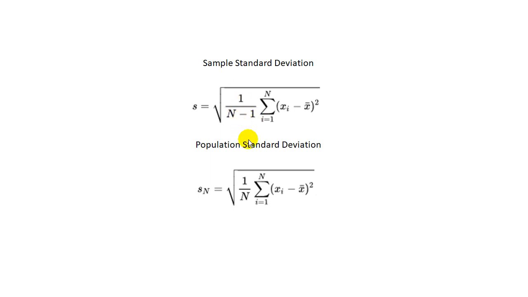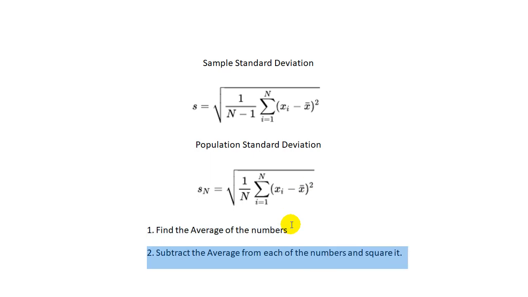So let's try to translate this into more English-like language so we can really understand what's going on here. The first step in this problem is, because we need this average, we're going to have to find the average of the numbers first before we can do the second part, which is subtract the average from each of the numbers out of the series of 8 numbers, and then square it, right?